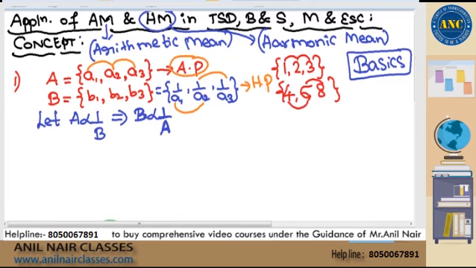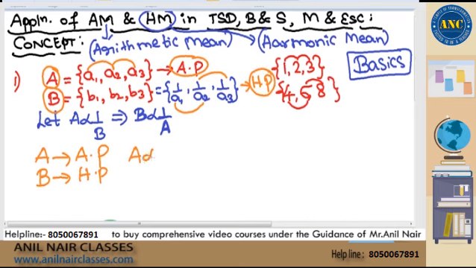That means, can I say that if the elements of A are in arithmetic progression, then definitely the elements of B will be in harmonic progression only if A and B are inversely proportional to each other. Right?